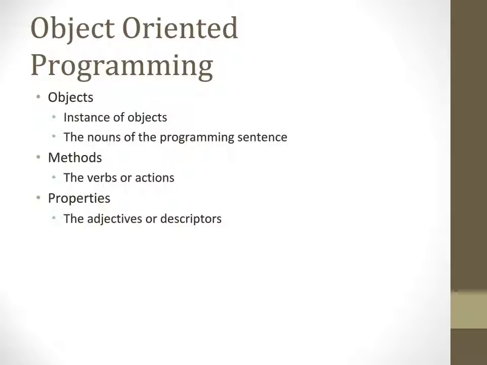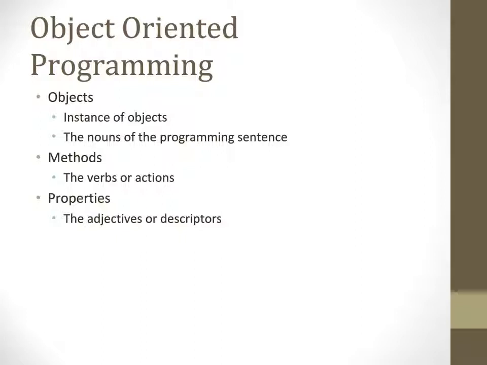Objects are most of the time, and for our purposes, built-in things that the program language understands. So we might have a document, we might have a form. So the nouns of our programming language or the programming sentence that we're going to write means the object is something that is either going to do something or have something done to it programmatically.